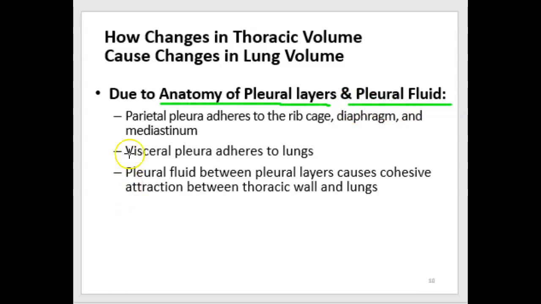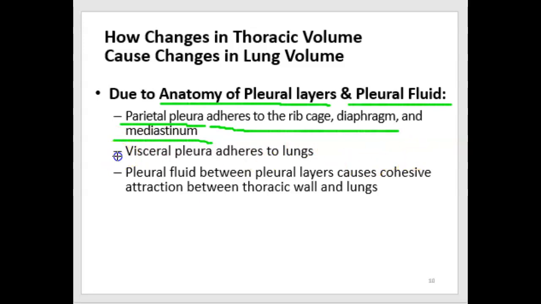So recall that the parietal pleura is the outermost layer of the membrane surrounding the lungs, and it adheres to the rib cage, the diaphragm, and the mediastinum. Basically, it's adhering to the thoracic wall.